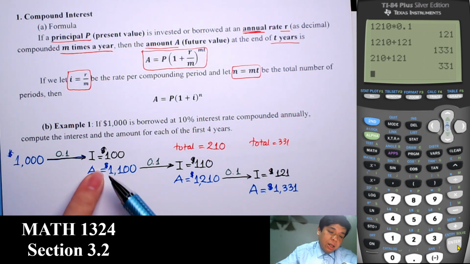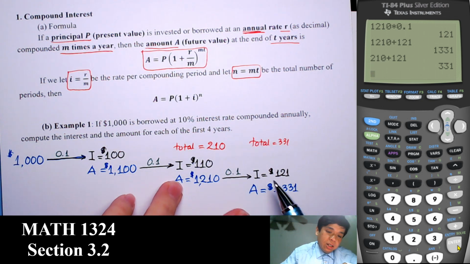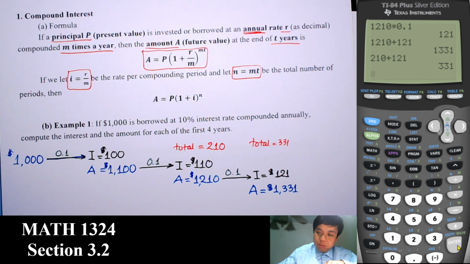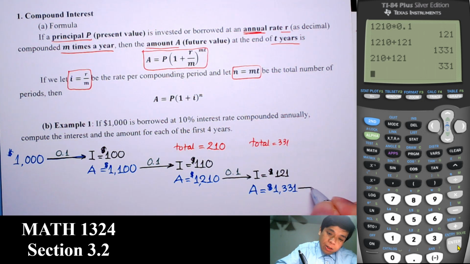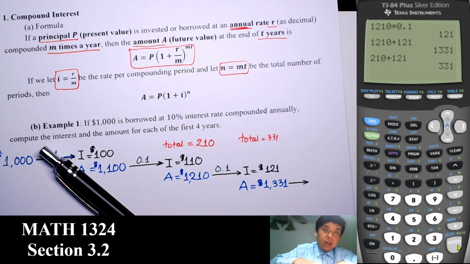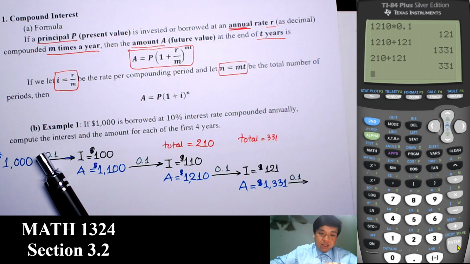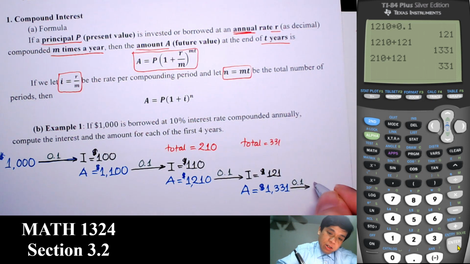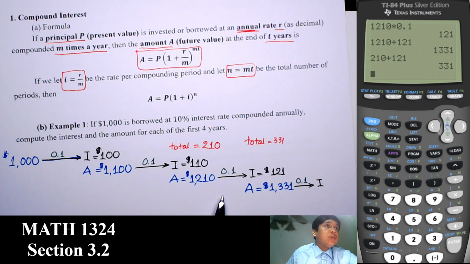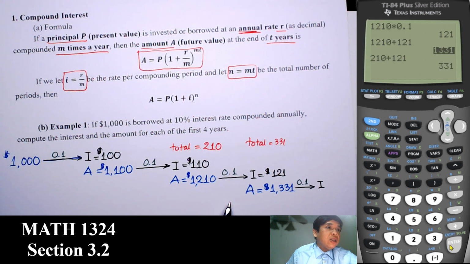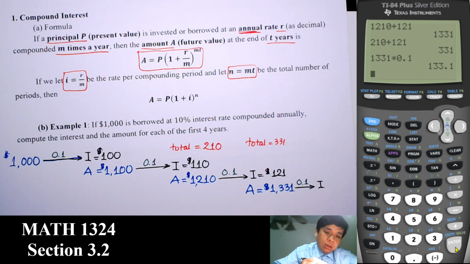Now let's do it one more time. So it's after the first year, second year, third year. Now we do one more time. The interest rate we apply to the previous year's amount to get to the next, and that only gives us the interest. So we have that multiplied by 0.1, so 133.1.